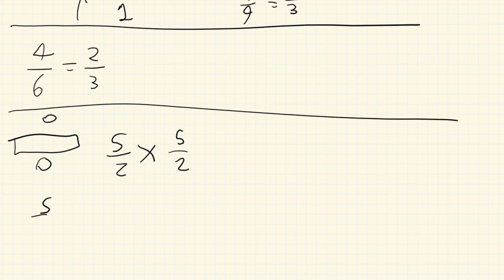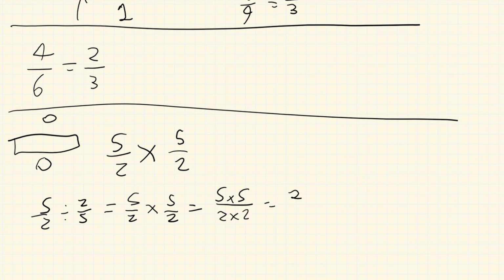So 5 divided by 2 divided by 2 divided by 5 is the same as 5 divided by 2 times 5 divided by 2. And if we do that using our rule, we multiply the top numbers and divide that by multiplying the bottom numbers. So we get 25 divided by 4. So 5 divided by 2 divided by 2 divided by 5 is 25 divided by 4.